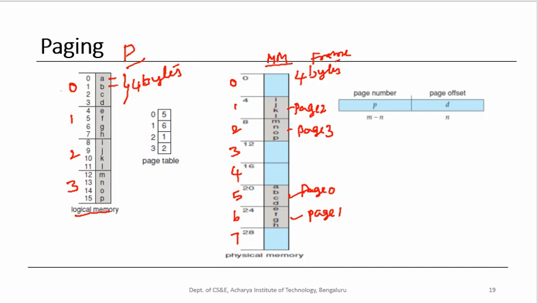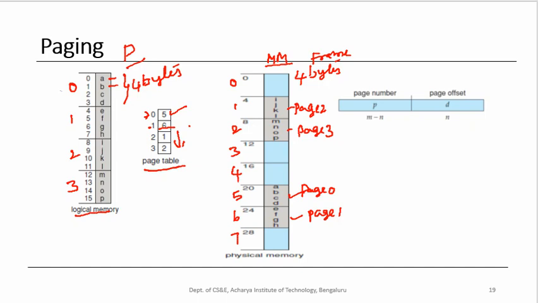Now how to construct the data structure page table. Page 0 is put in frame 5, so therefore 5 is the entry which is made against 0, and page 1 is located in frame 6, and so on. So this is the entry made in the page table.